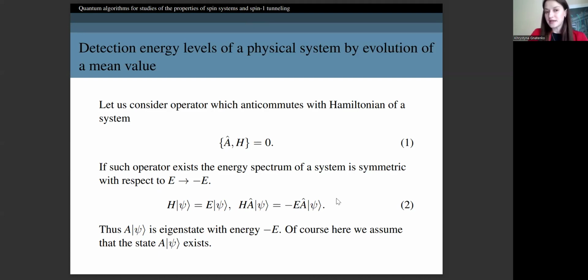In this case, we can find the energy levels of a system described by the Hamiltonian with the help of studies of the mean value of operator A. So why can we do this?